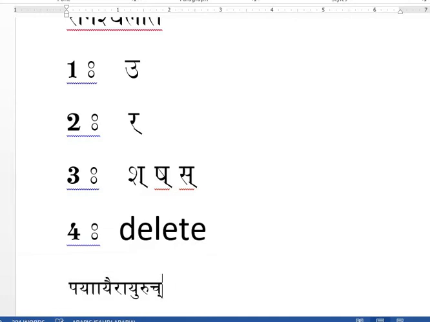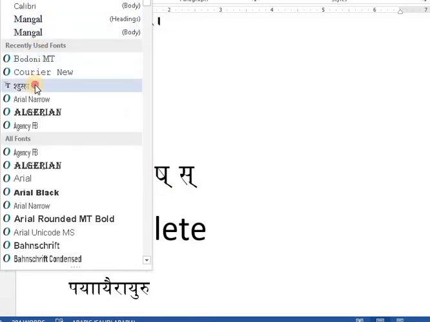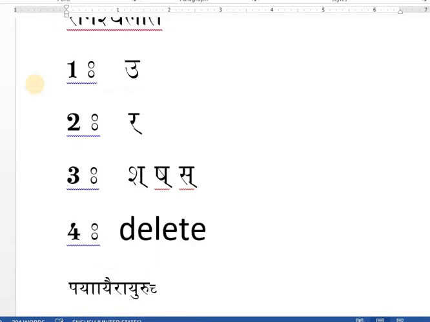Now I will ask you, if I ask you to disjoin paryayerayuruchyate, and I give you the hint that in this example the visarga is converted to any of the above four results, can anyone guess which one it is: u, ra, sa, or delete?